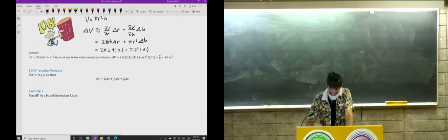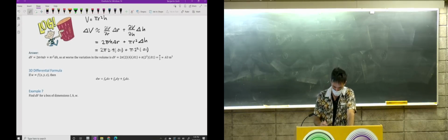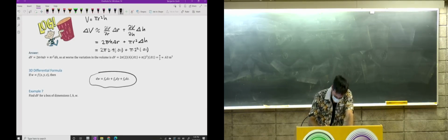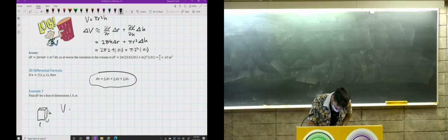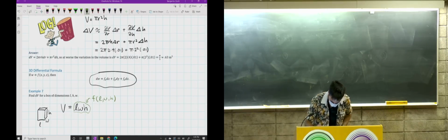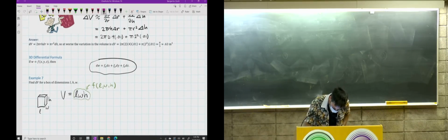The last thing I want to do, and I ask you to do something similar on the homework, is apply this formula to the volume of a box. Suppose you have a box of dimensions L, W, and H. Then the volume of the box is L times H times W. Viewing this as a function of these 3 variables, we can write down the differential volume.